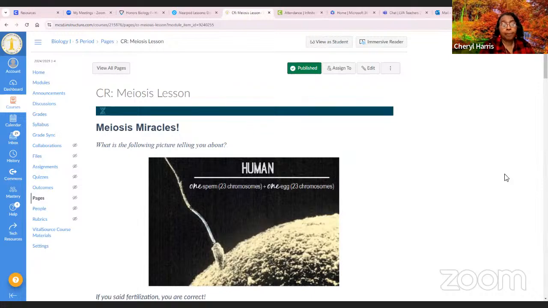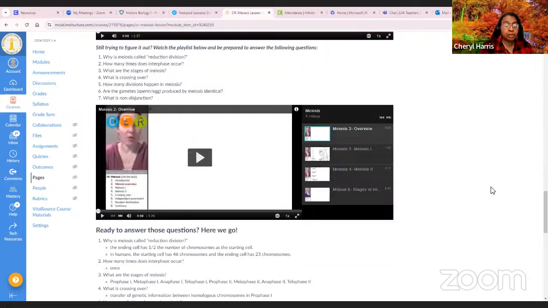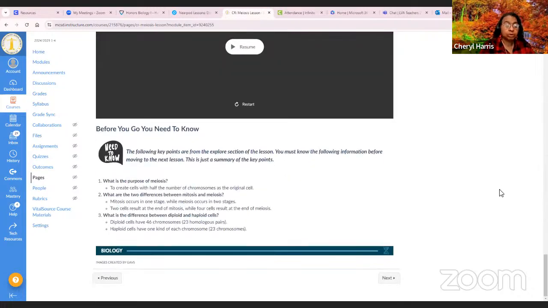Scrolling down here, it says, what is the purpose of meiosis? The purpose of meiosis is to create cells with half the number of chromosomes of the original cell. For us, it's 46, so each gamete is going to have 23.